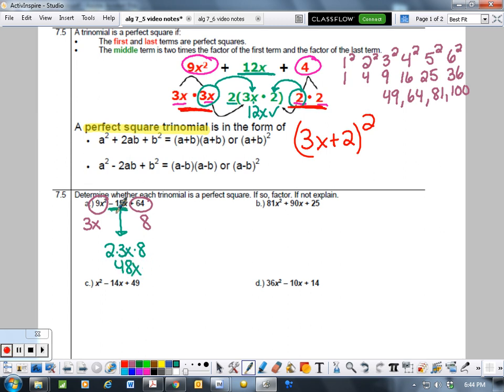So is this 48x? No, it's not a 48x. It doesn't matter if it's negative or positive here. If this is not a 48x, then no, it's not a perfect square trinomial, so we can't use our pattern. We just have to factor it in another way.